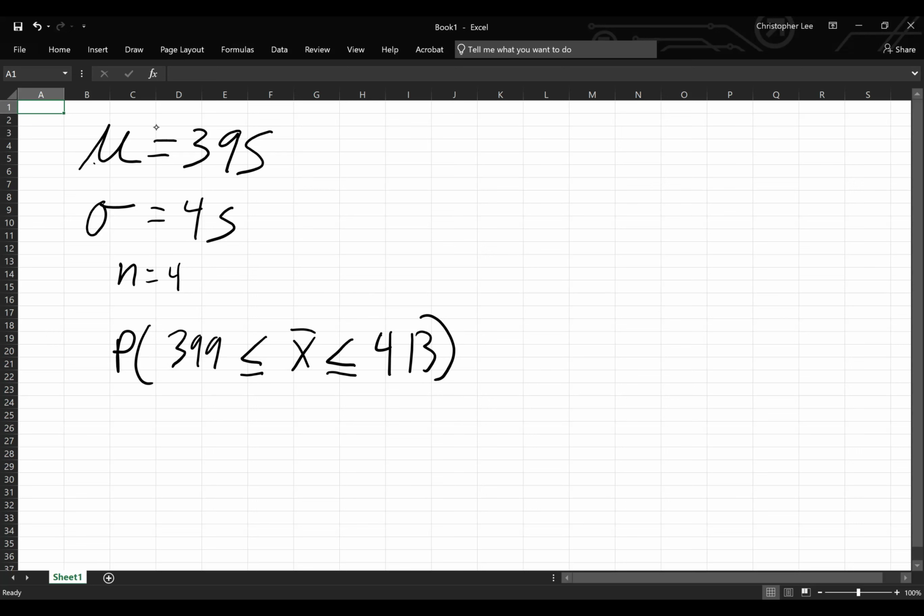The rest of the questions are all the same. You're just changing the numbers for each question. But long story short, before that, this is an X bar distribution.